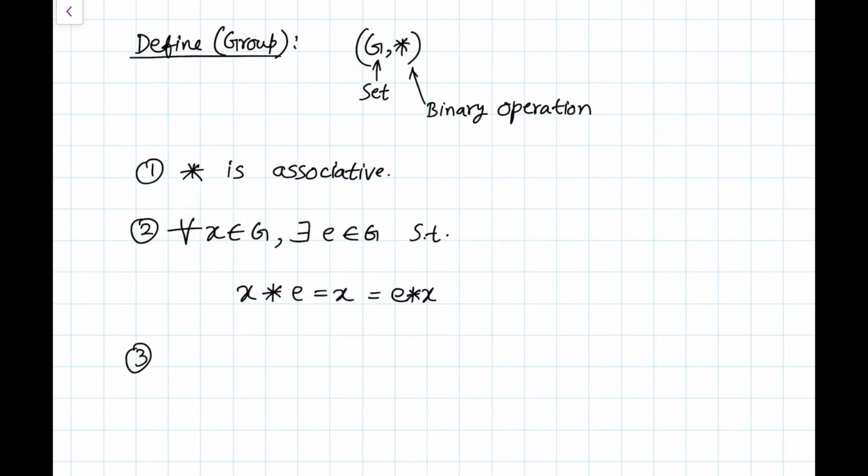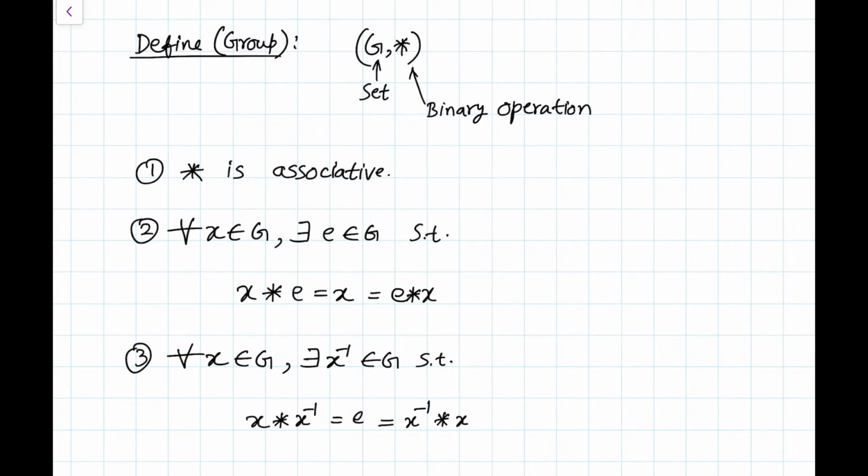And third, for all x in the set G, there exists an element, say x inverse, in the set G such that x star x inverse is the identity, that is x inverse star x.